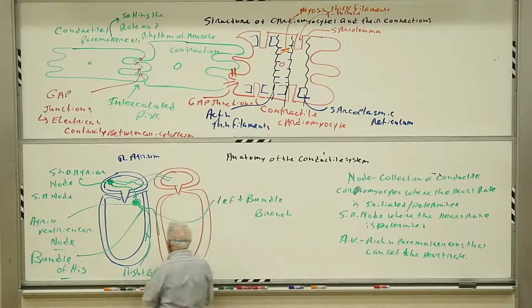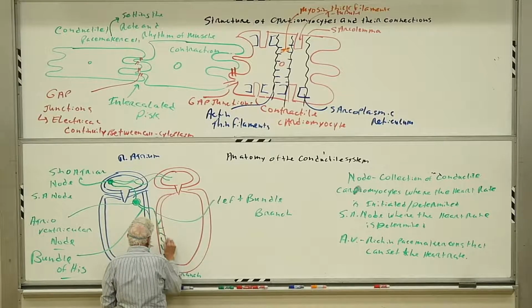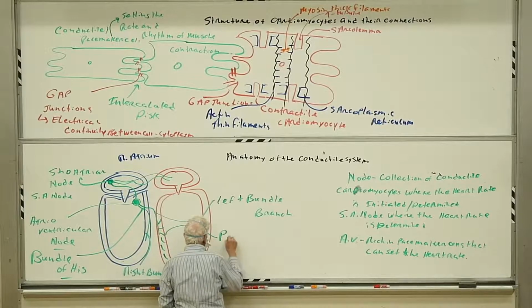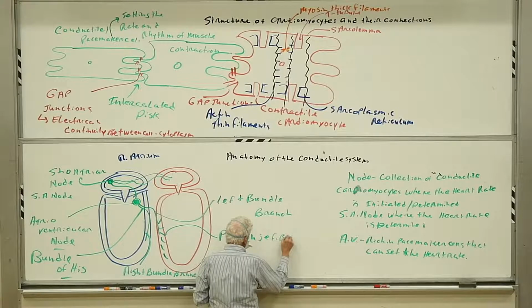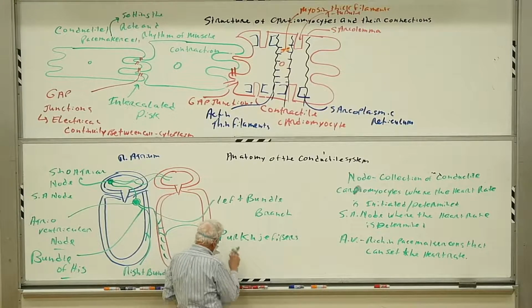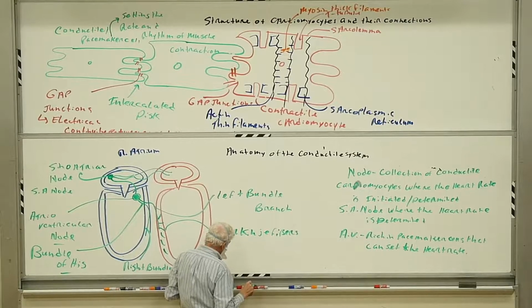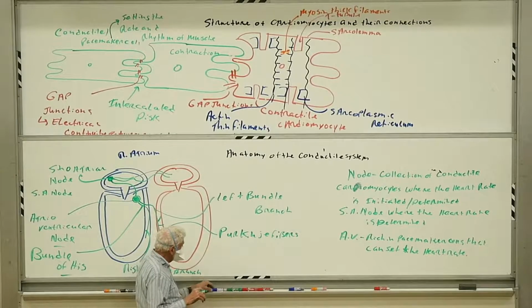The interface between the green cells and the red cells occurs after these left and right bundle branches further branch and branch and branch. And these are said to be the Purkinje fibers. Again, this is one of these eponymous names that's left over from the 19th century. Dr. Purkinje was a Czech physiologist.